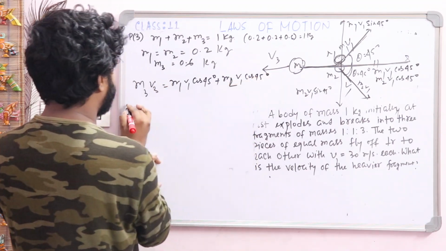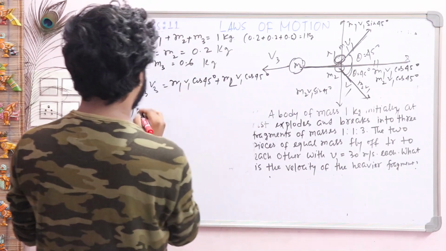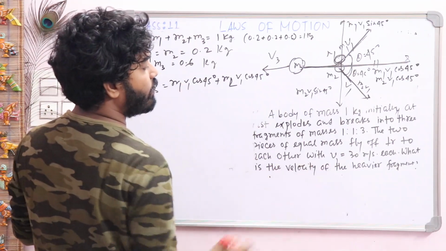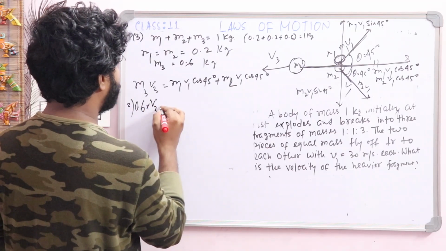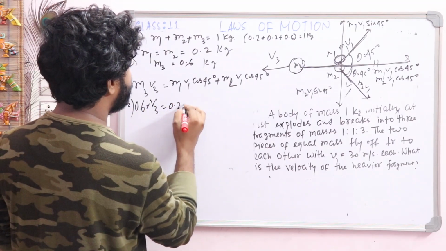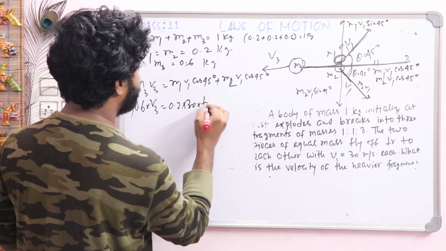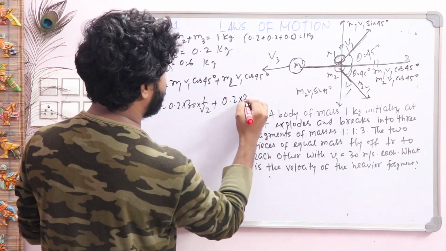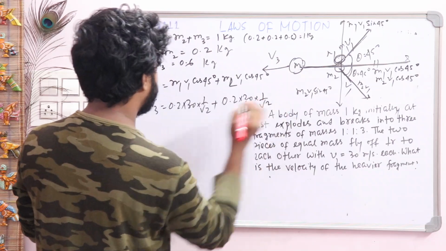Now just putting the values, m3 value 0.6, you have to find out the velocity of the heavier fragment, that is v3. m1 is 0.2, v1 is 30, cos 45 is 1 by root 2, plus m2 that is also 0.2, 30, and this one is 1 by root 2.